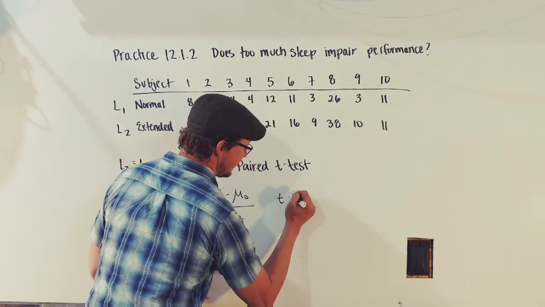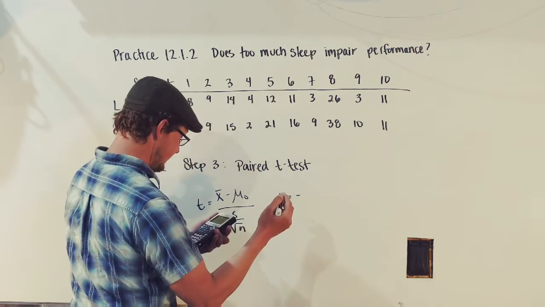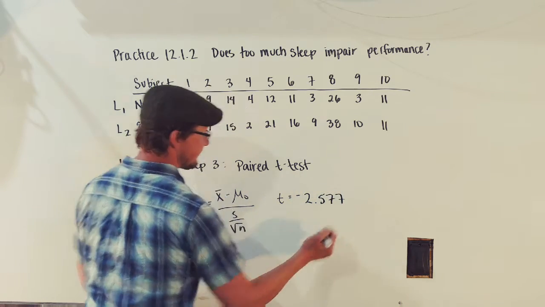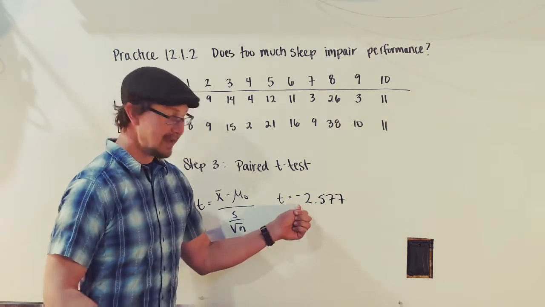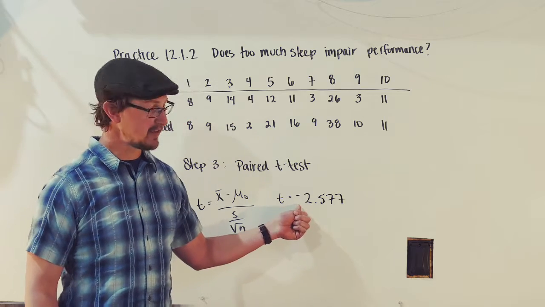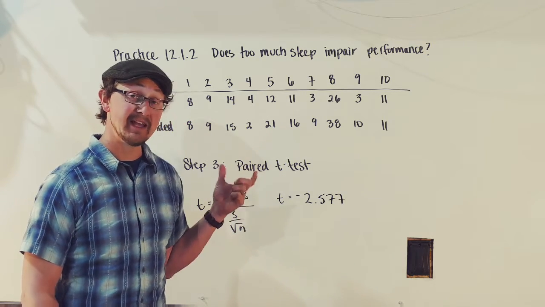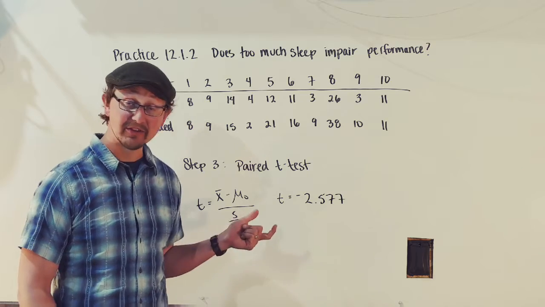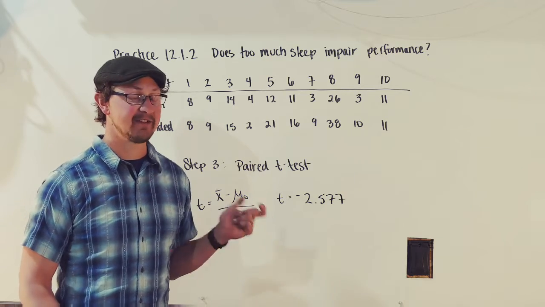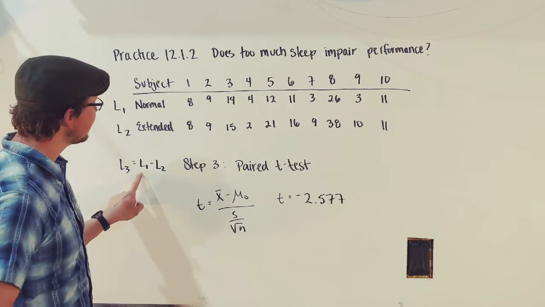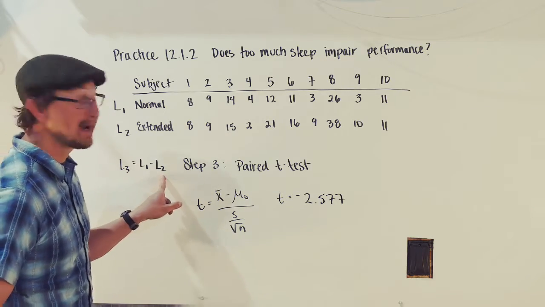I get a t-value of negative 2.577. Now, if you get a positive 2.577 here, one of two things has happened. You have either incorrectly entered your alternative hypothesis, so you said greater than instead of less than, or when you were doing your L3, perhaps you did L2 minus L1.